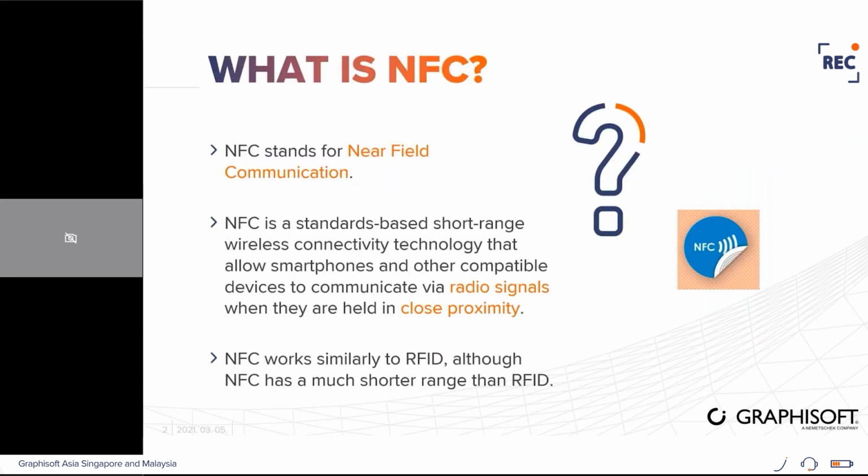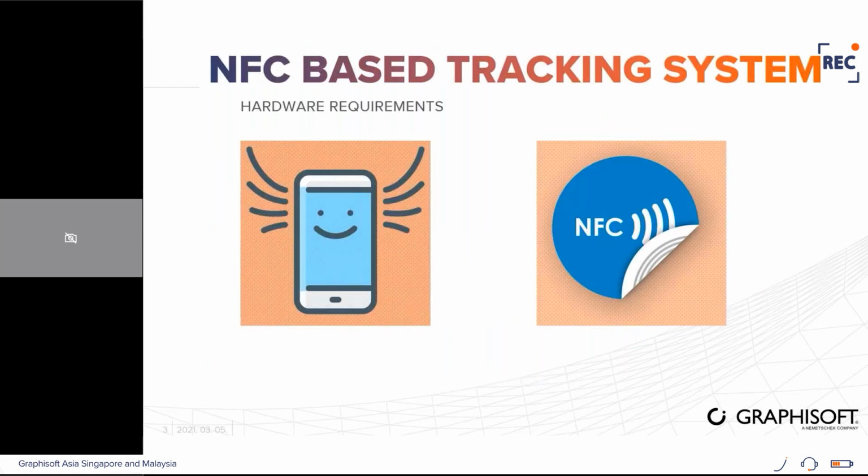As the name goes, NFC is near-field communication, a short-range wireless communication technology that enables compatible devices to transfer digital data that include URL, text, hexadecimal numbers, contacts, addresses, location data, etc. NFC is similar to RFID, just that NFC has a much shorter range compared to RFID. For this tracking system, the hardware requirements are just an NFC-compatible mobile phone and, of course, the NFC tags.